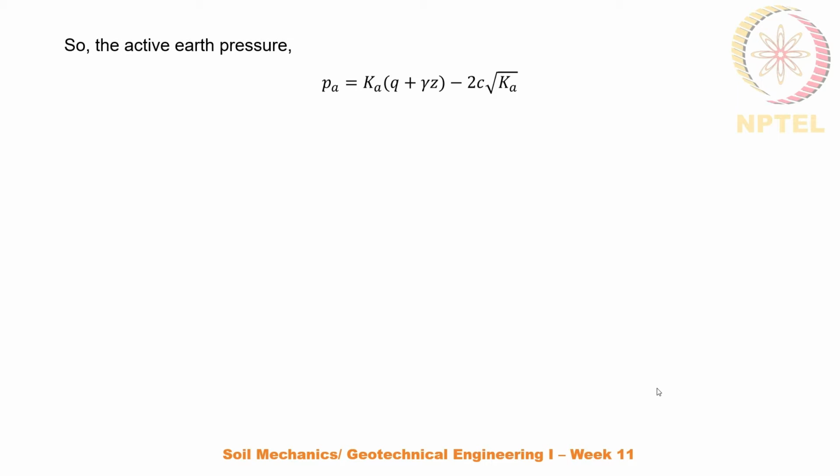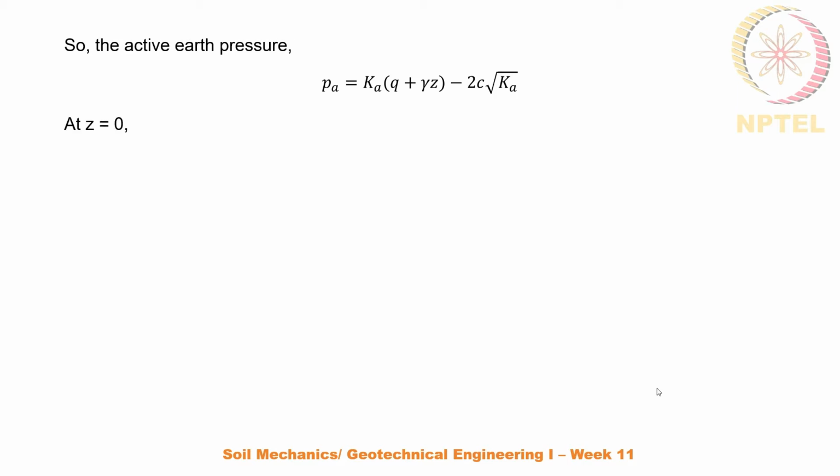So when Q is 0, this will reduce to Ka gamma Z minus 2C root Ka as we saw earlier in the previous problem. Here, since we have the surcharge condition, the equation has the term Q also.